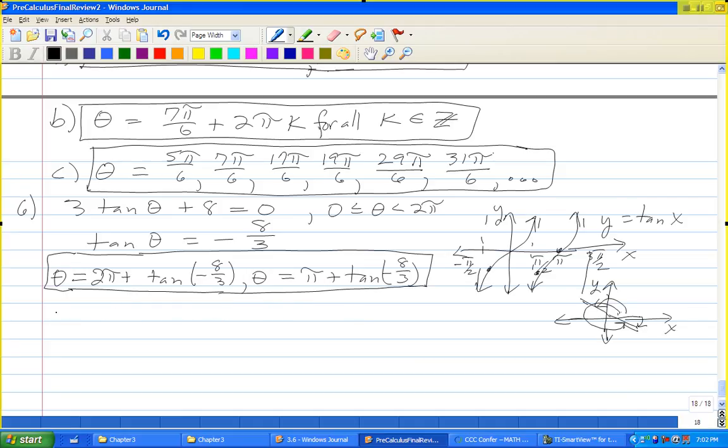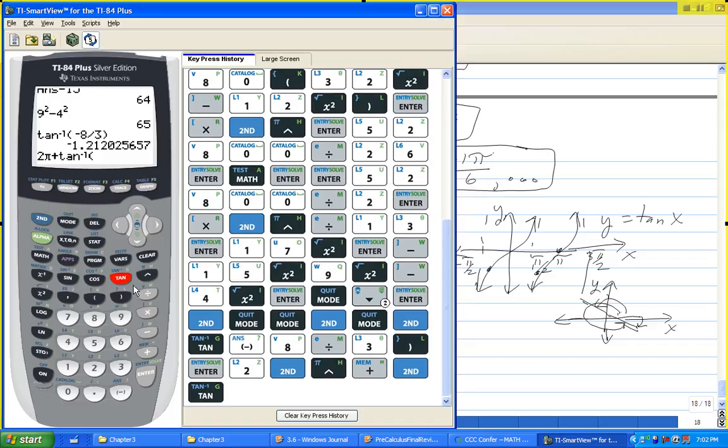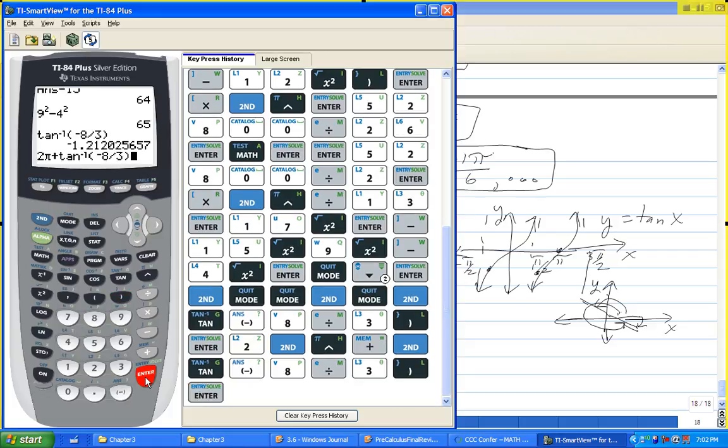Theta is, I should actually add 2 pi to that. Okay, that will give me that angle there, which is almost 6.